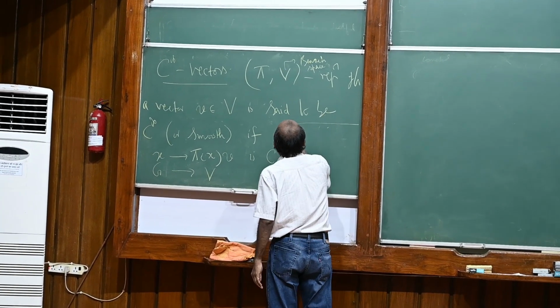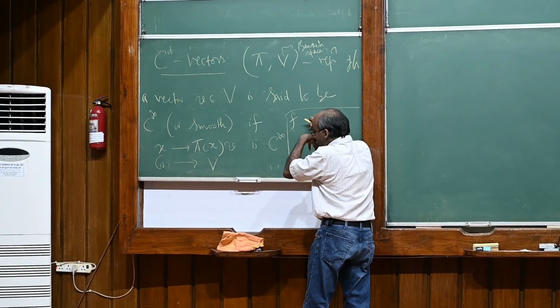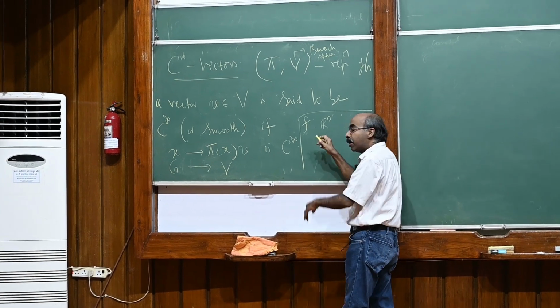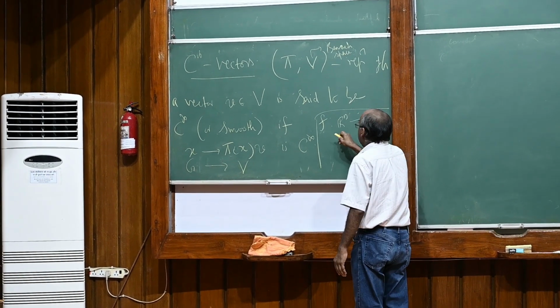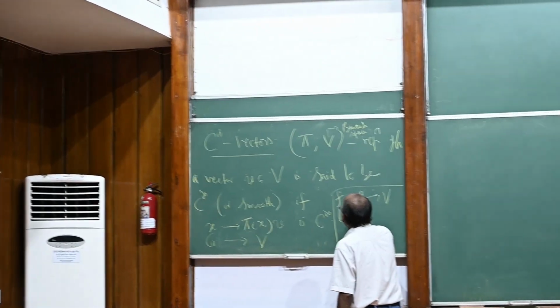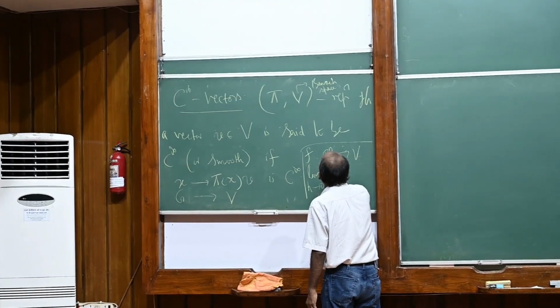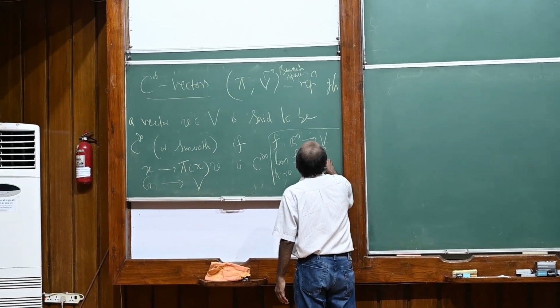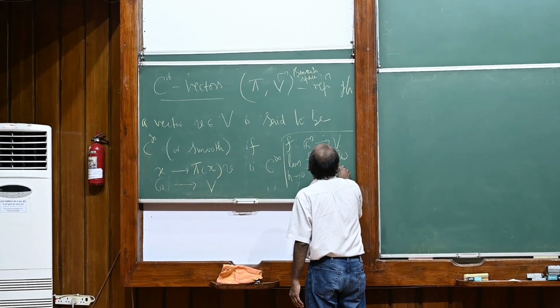So if I have a map, let's say f from R^n, or from some neighborhood in R^n, to V, you define it in the usual sense. So the derivative is the limit as h going to 0 of f of x naught plus h minus f of x naught, divided by h.